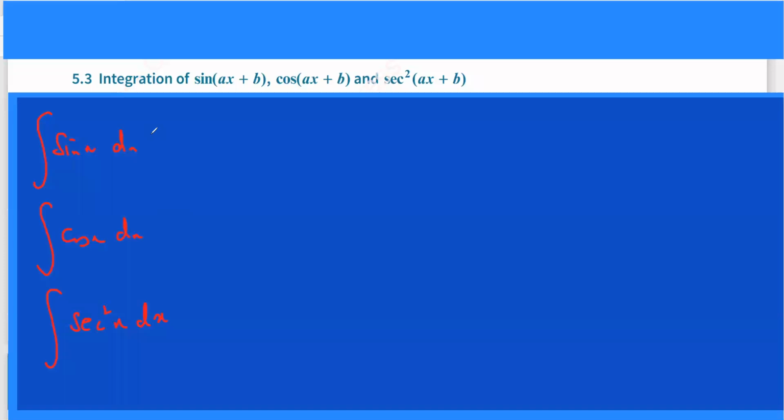You have direct rules for these integrations. This is minus cos x plus c, this one is sine x plus c, and this one is tan x plus c. If you have any other thing other than sine, cos, and secant square, then you will have to think of some other connected or required techniques to be able to integrate.